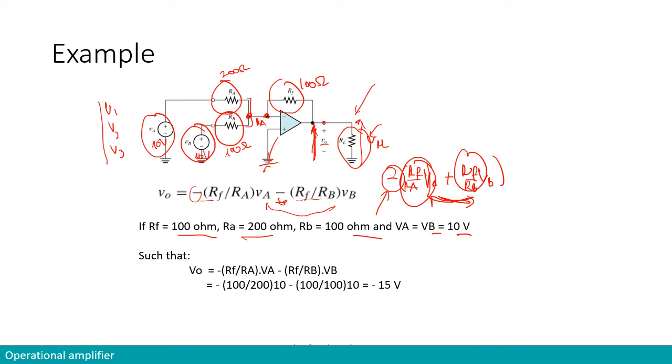That would lead us to an output of minus 15 volts. So it is an addition of 10 and 10, but with a certain operational amplifier gain, which is RF over RA and RF over RB.